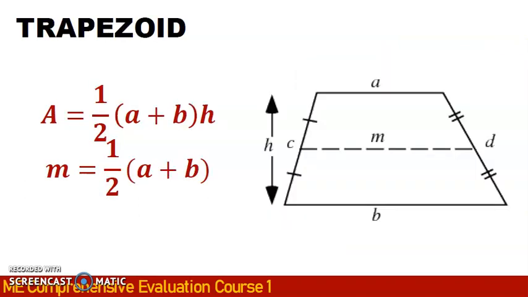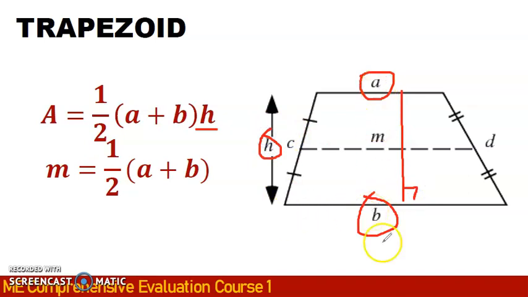For a trapezoid, the area is just 1/2 of the sum of the parallel bases times the height, the perpendicular height. That height should be perpendicular to the two bases.